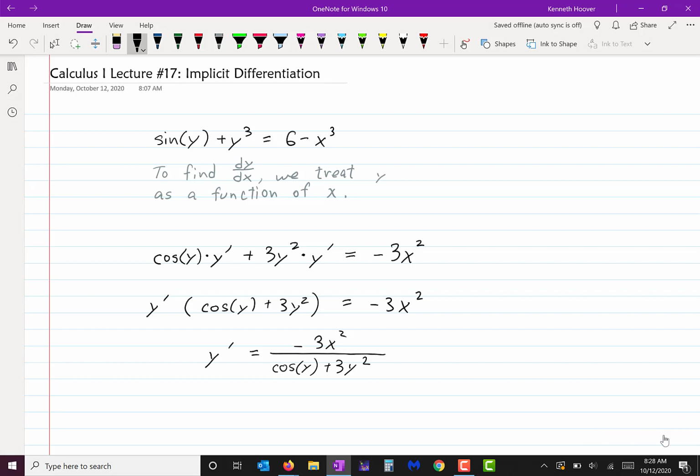Well, in that case, you would just take the coordinates of the point and plug them into here. You would need the x and y coordinate both. And you would plug them into there, and that would tell you the slope of the tangent line at that point. Okay? That's all there is to it. Let's just keep practicing, and we'll do some more examples here.